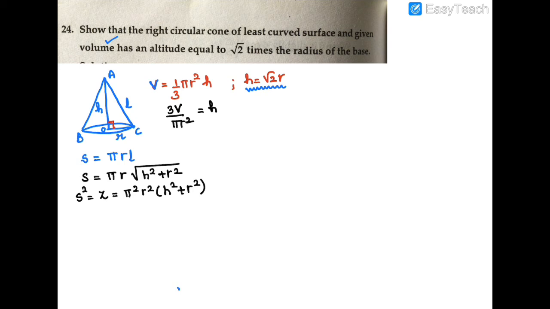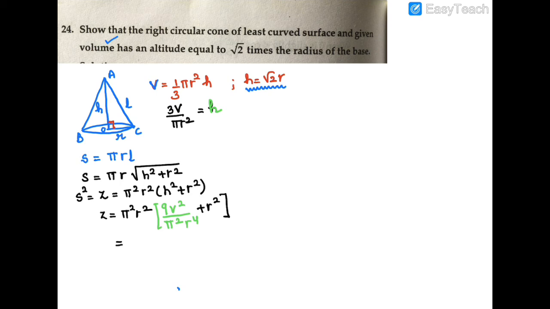Substitute the same. I will get z is equal to pi square r square, and that value of h, which I have taken from the above expression, is 3v by pi r square, squared, that's 9v square by pi square r to the power 4, plus r square, like this.